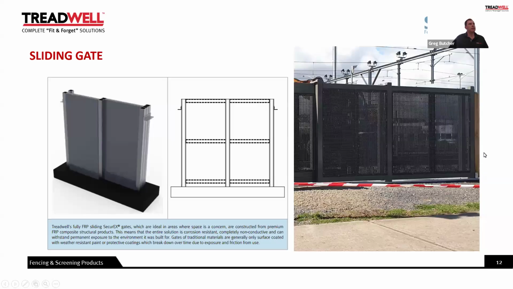Sliding gates are another factor that's certainly been considered and done before. So you see the substation here in the photo, a complete sliding gate arrangement with a mesh infill, so more than able to be done, and some quite rewarding outcomes with sliding gates in the past.